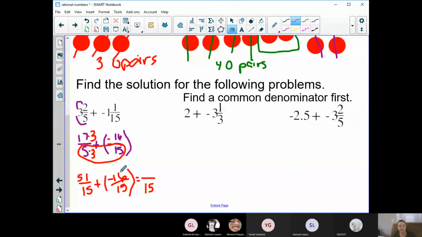So 51 plus a negative 16 is what? 51 plus negative 16. 35.